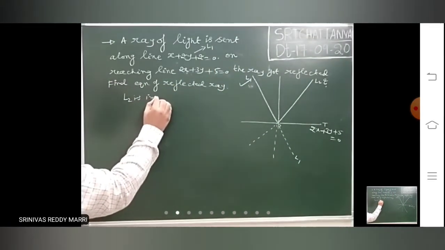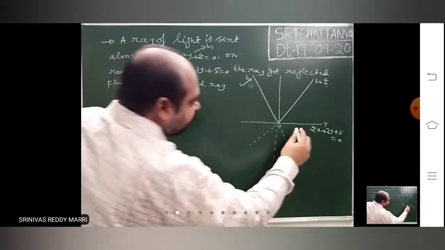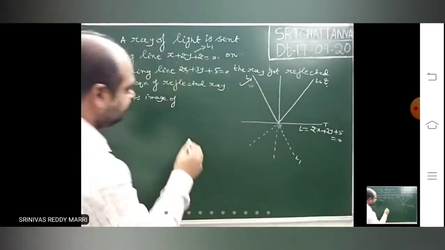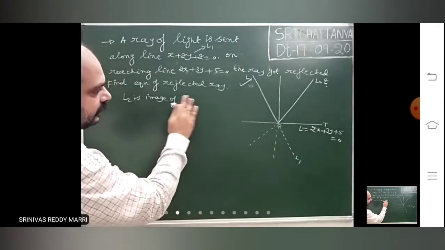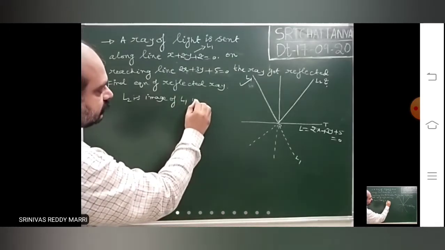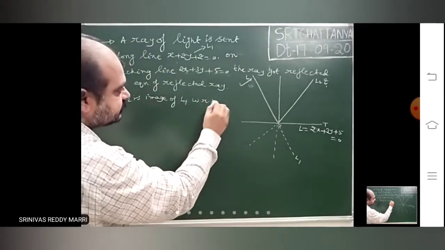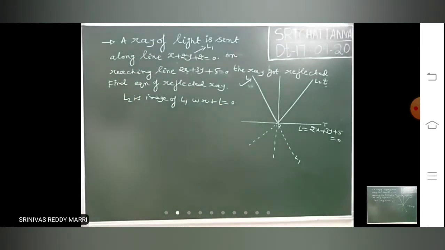L2 is the image of L1 with respect to L equal to 0.